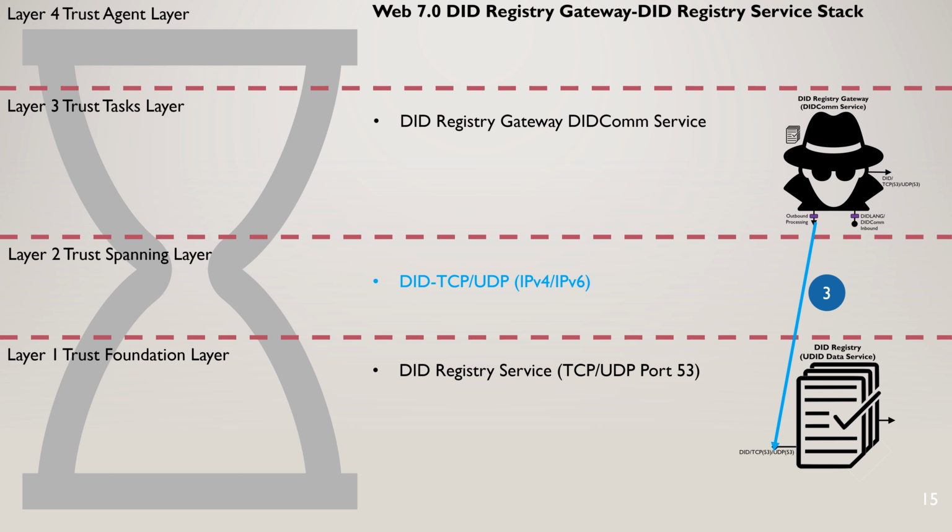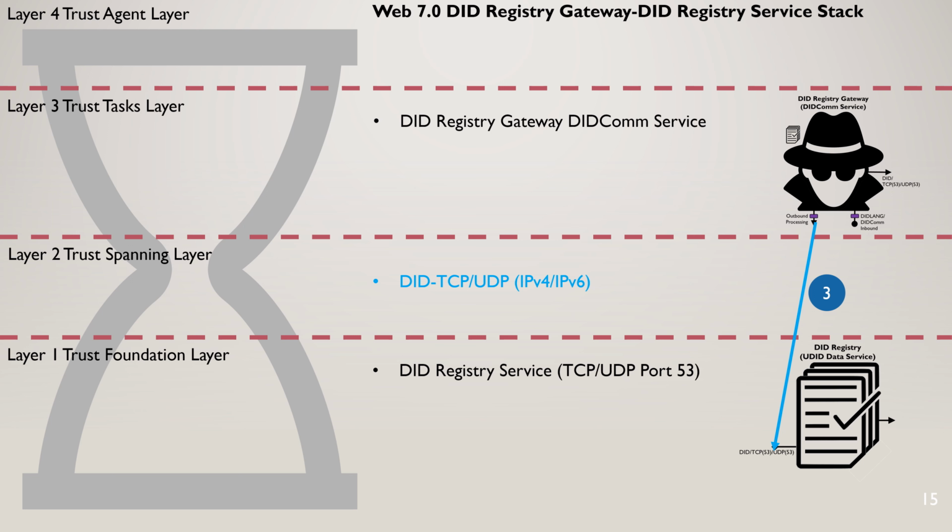This SAM stack is the DID registry gateway, DID registry service stack. So at the top there, we have a DIDComm agent, the DIDComm registry gateway agent, and it's allowing us to use the DIDComm protocol to query the DID registry. And we can see the DID registry there at the bottom. It passes DIDs over TCP/IP/UDP.